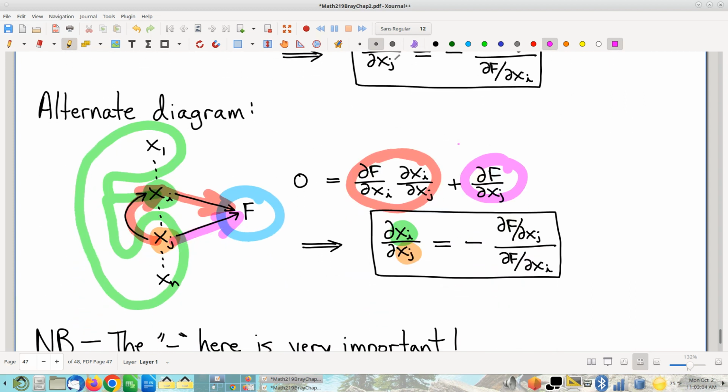Right? And so if you want to keep track of how much capital F changes as x j changes, here's the formula, but wait a second, capital F is constant, right? That was what defines our surface in the first place, is that capital F has to be constant, and therefore this partial of it has to be 0.